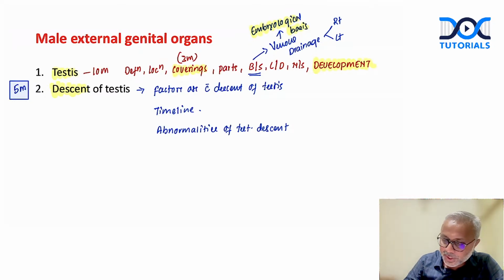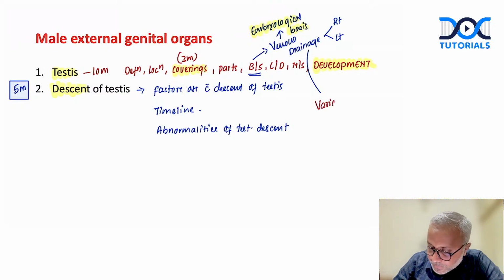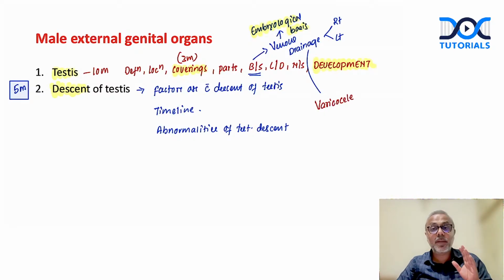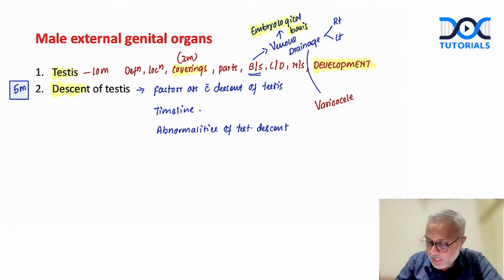Now, one more thing in the venous drainage is they will also ask about the varicocele, right? Varicocele could be an important topic for a case-based question. What do we mean by varicocele and why is it more common?